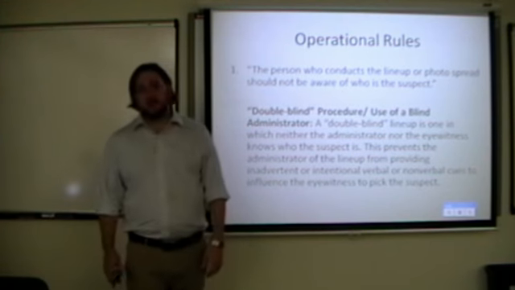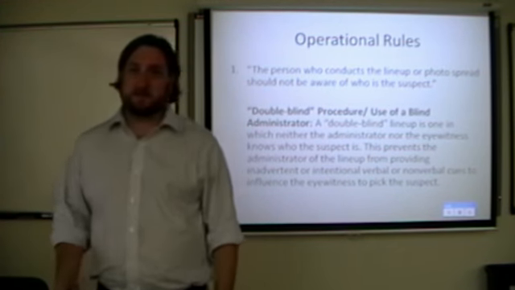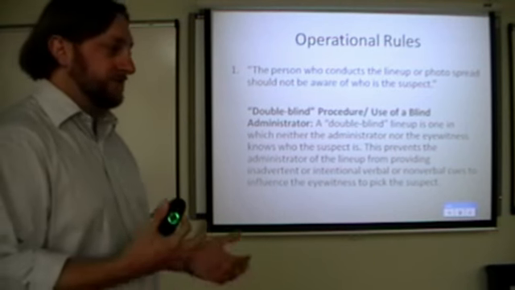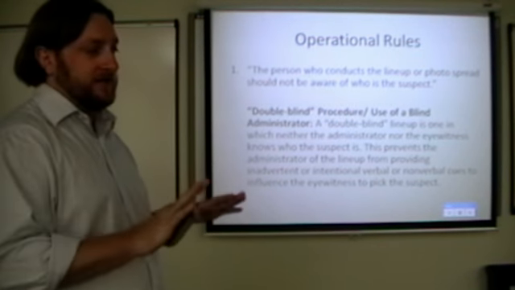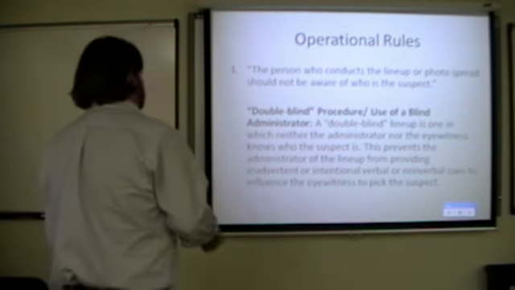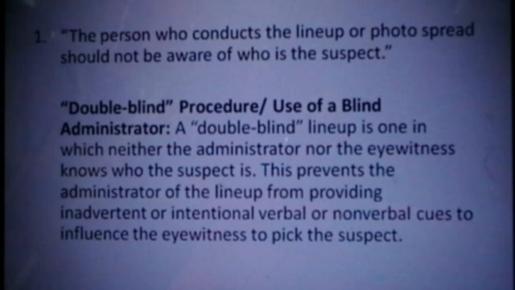Well, if we can't get rid of lineups altogether, we can change the procedures that are used. I like the idea of using photo books, but not the way that it's traditionally done. So one thing that we can do is a double-blind procedure.